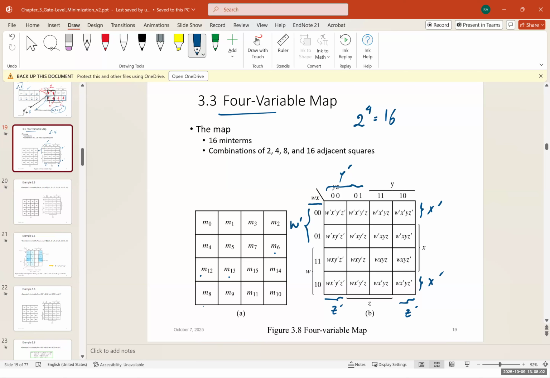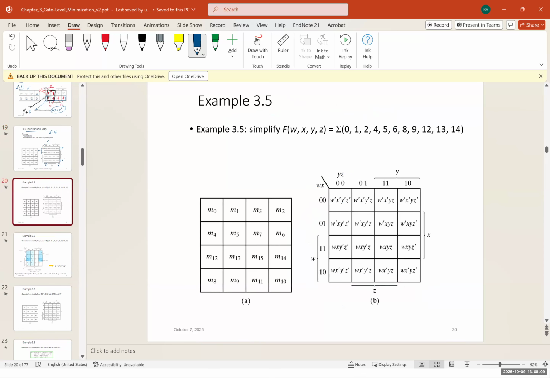Is it clear? Can I go to an example so we can solve an example and learn it? Yes? Okay. So the first example, we want to simplify f of w, x, y, z, which is sigma of 0, 1, 2, 4, 5, 6, 8, 9, 12, 13, and 14.